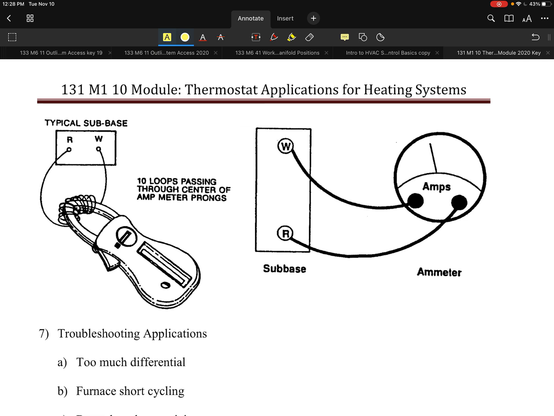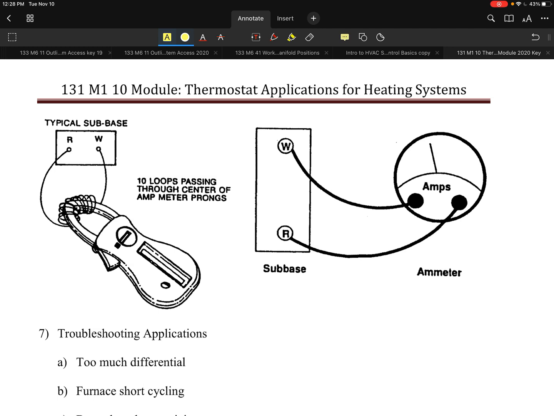On the next page, I'm showing this little clamp-on ammeter, as you all know. If I hook up at, let's say, the typical thermostat subbase, between R and W, what I'm trying to look for, if I'm checking on heating in this case, is that if I get a current reading, I've got to make the necessary adjustment for that.